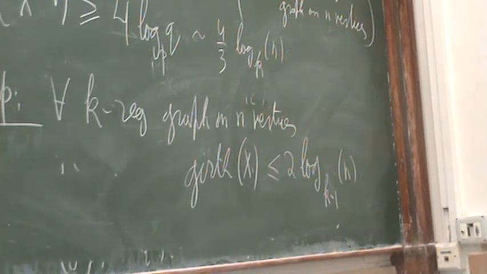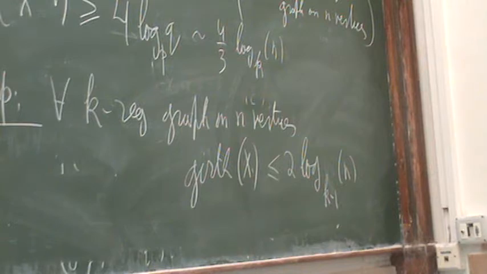Girth is the length of the shortest closed path in the graph. You go, and eventually you close it up, but not by going back. If you want to be fancy, say it's a closed geodesic which is not homotopic to the identity in the fundamental group. But you don't have to be fancy, you just have a loop, a closed loop which is not obtained by going back and forth.